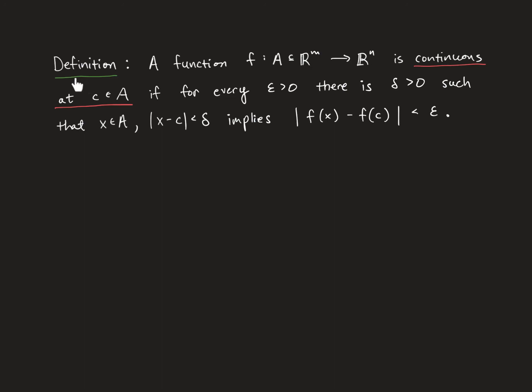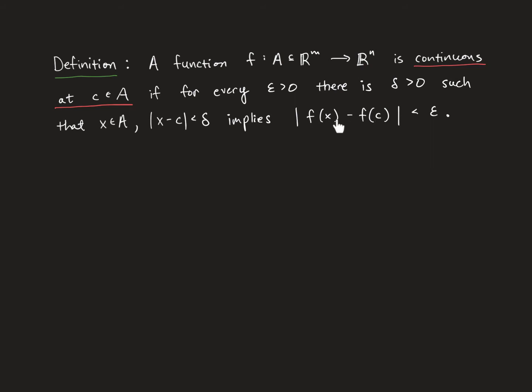So after all that, here's the definition that arises from the discussion. If we have a function defined on a domain A in R^m with values in R^n, we say that this is continuous at a point c of the domain if for every epsilon greater than 0, so this is your skeptic's challenge, you can respond with a delta greater than 0, such that when you have points x in the domain which are within a distance less than delta of c, so you allow for a small change in your input from c to x, as long as that change in input is sufficiently small, less than delta, that will imply a corresponding small change in the output.